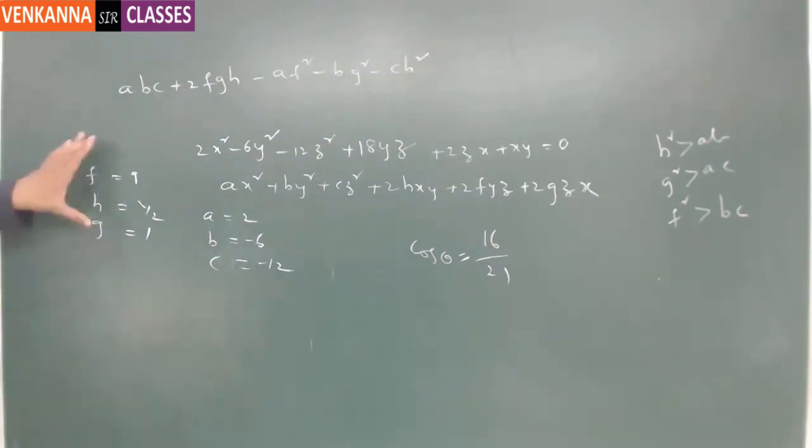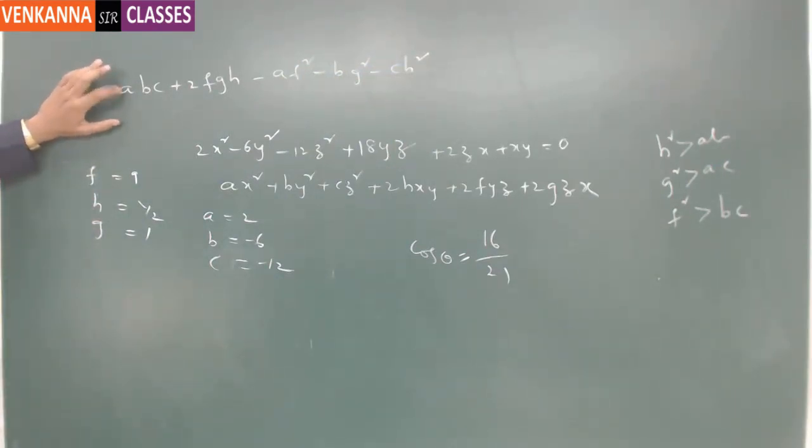So if you know the values straight away, you can substitute here and check whether this value is 0 or not. So determinant substitution, calculating that is one thing, or the expansion of that is nothing but this formula. You substitute the values here and check whether it is 0 or not. Both the ways are correct.